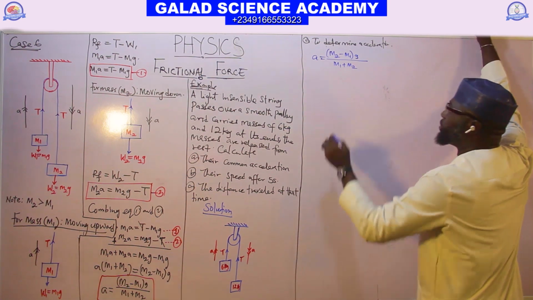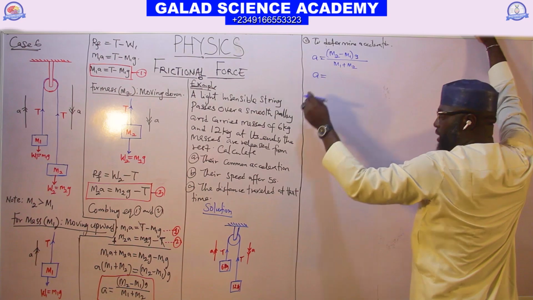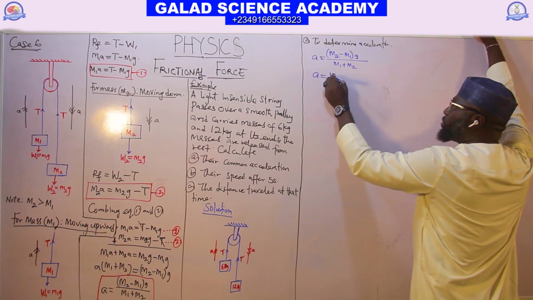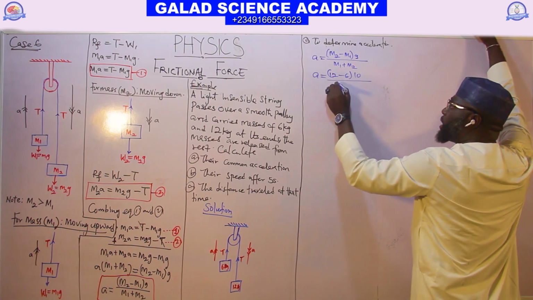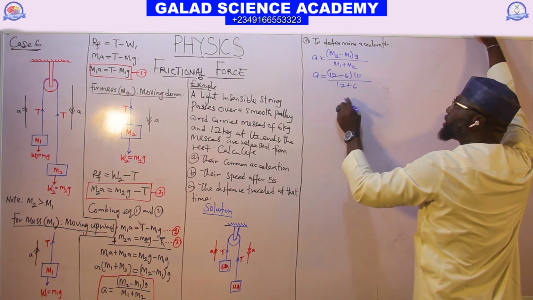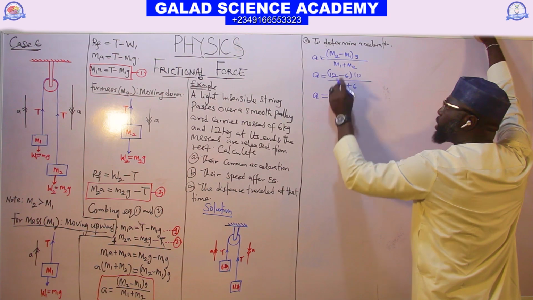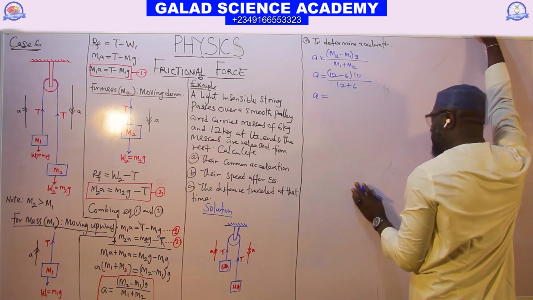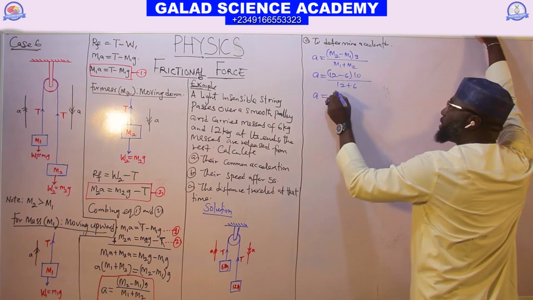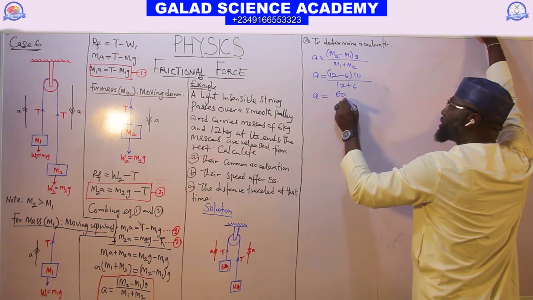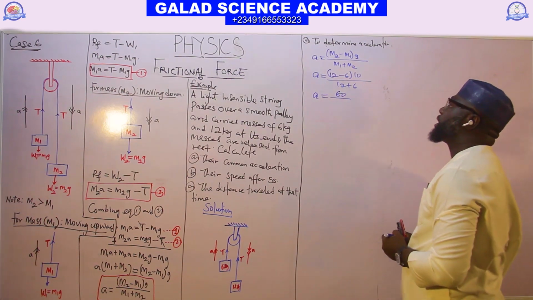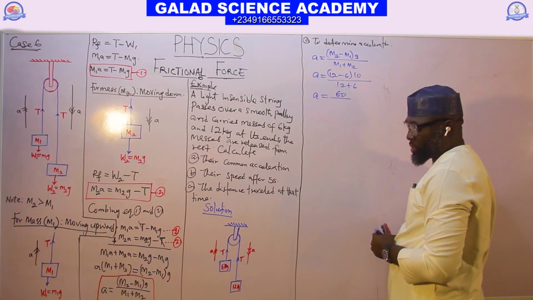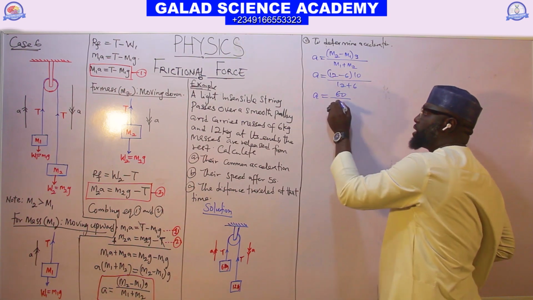What is given? 12 minus 6 multiplied by 10, over 12 plus 6. We have a should be equal to 6 times 10, we have 60, then 12 plus 6 gives us 18.